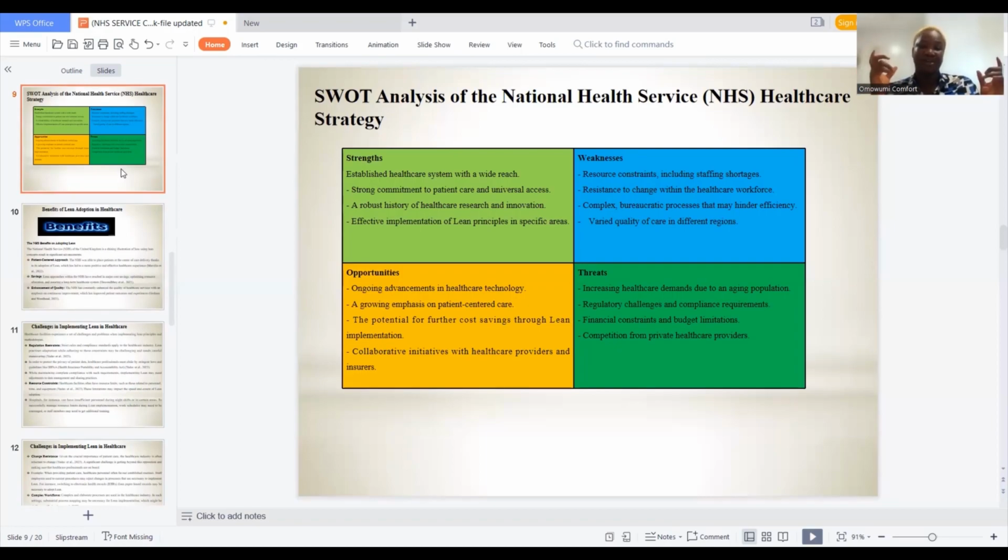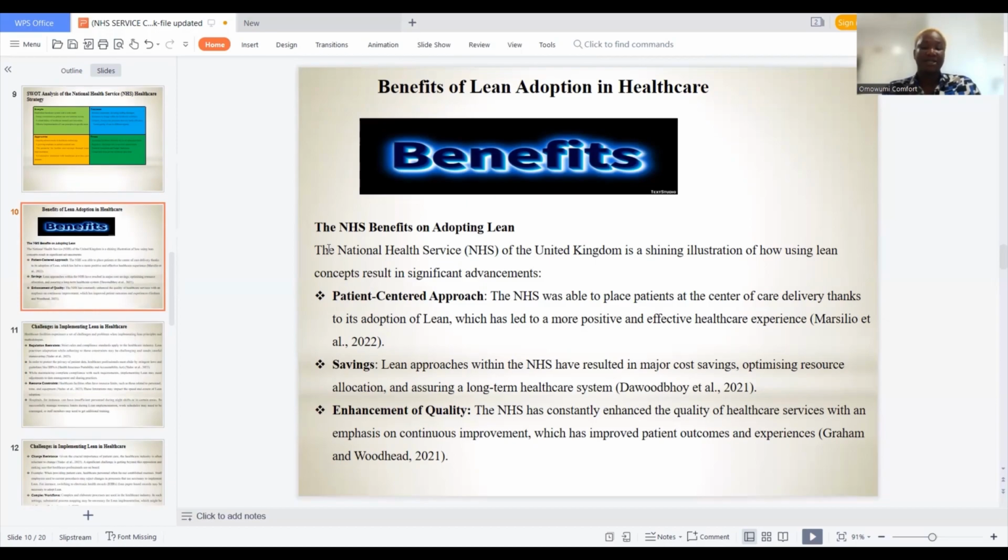Lean concepts. The NHS has benefited from adopting lean concepts by centering care around patients, saving costs through resource allocation, and improving the quality of healthcare services through continuous improvement.